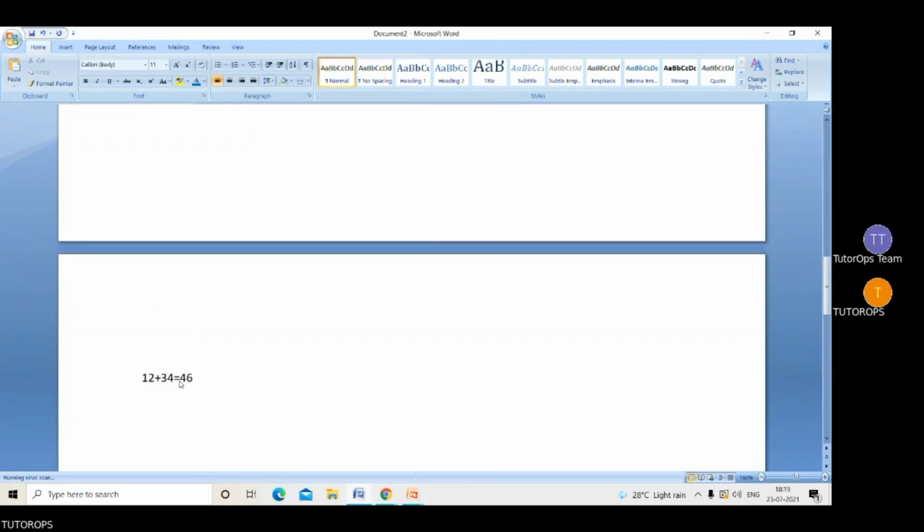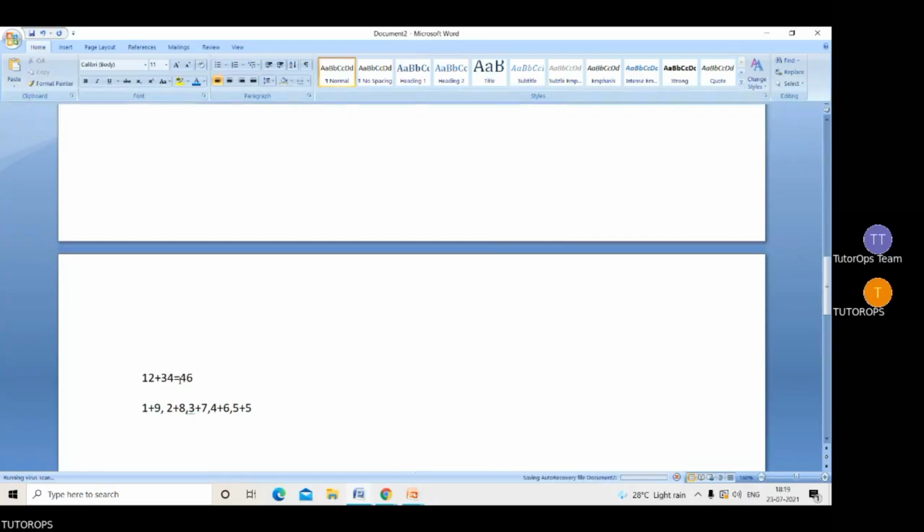But we need to calculate it from the 10-point method. Okay, so let me explain the 10-point method. In the 10-point method, we are basically calculating those pairs. Which pairs? 1 plus 9, 2 plus 8, 3 plus 7, 4 plus 6, and 5 plus 5. Now, we are basically considering the last digit of each number.